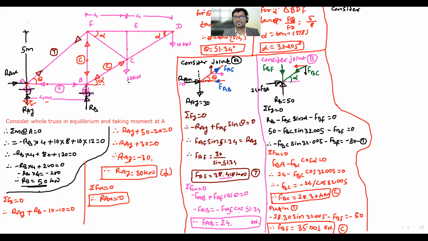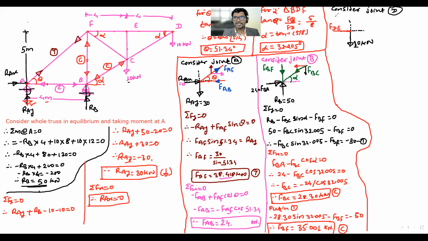Consider joint D. So draw its FBD firstly, dotted x-axis, dotted y-axis. Then one of the forces is there that is vertically downward of magnitude 10 kilonewtons. Then two members are there. One of them is horizontal, another one is inclined. By the way, what is the name of the horizontal member? DE. Yes, DE, absolutely right.